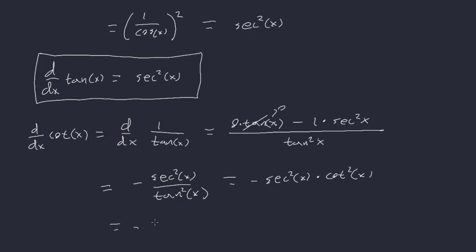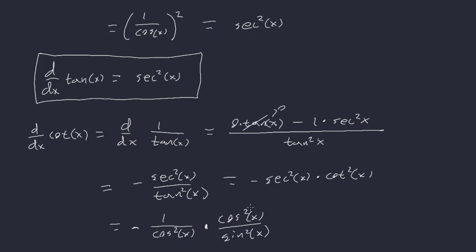All right, so we'll get 1 over, so secant squared is 1 over cosine squared x. Then cotangent squared, which will be cosine squared x over sine squared x.